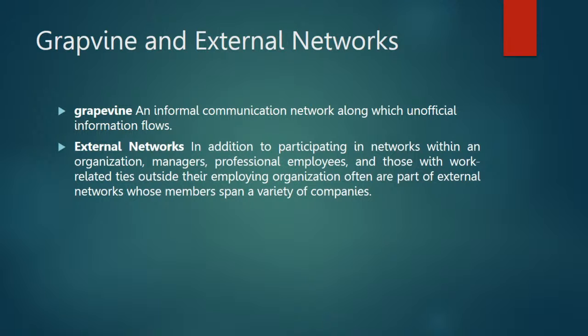For example, information spread over the grapevine can be about issues of a business nature, like a takeover by another organization, or it may be of a personal nature, like if someone at the top level has divorced his wife, that is also personal information that may be conveyed at the different levels of the organization. So this sort of informal communication for unofficial information is termed grapevine.